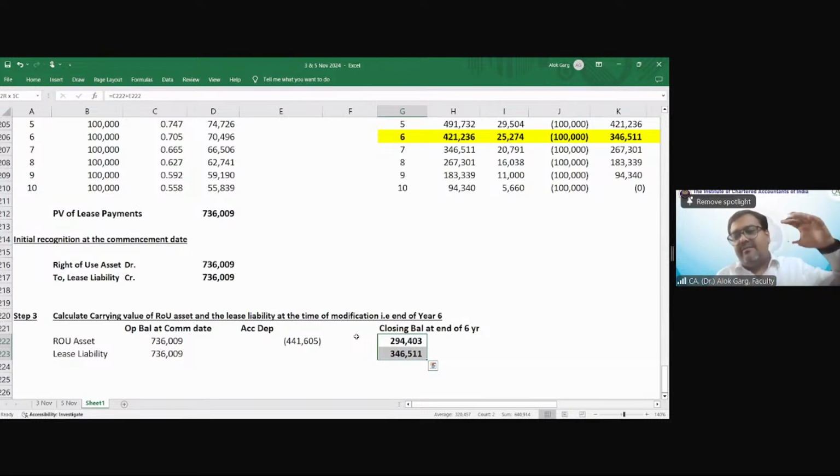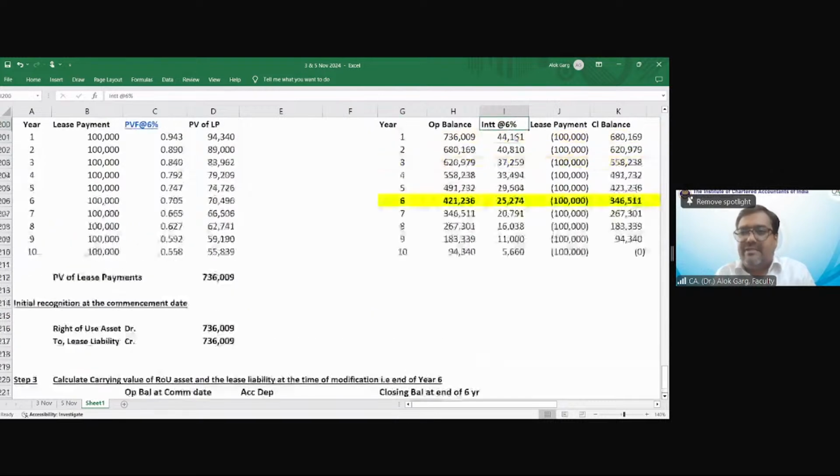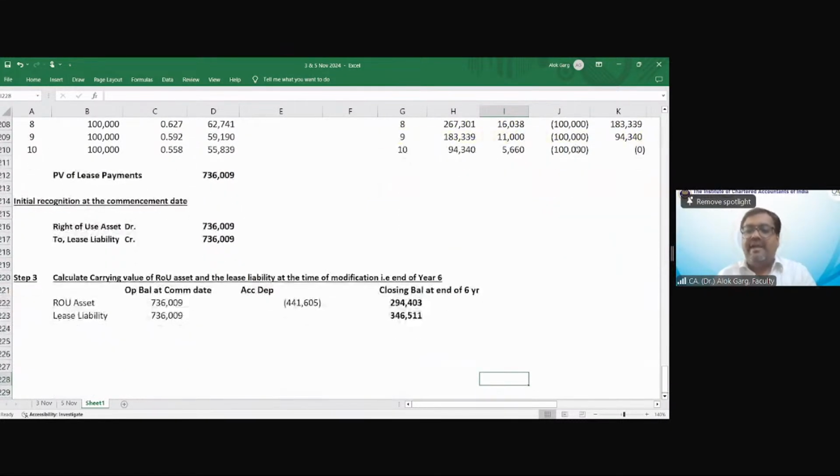So in the initial period interest is more, in the next period less. For example, in the first year it was 44,000, 40, 37, 33, 29, 25, 20, right? But depreciation is always equal, and hence there is a difference in the carrying value of ROU asset and lease liability.